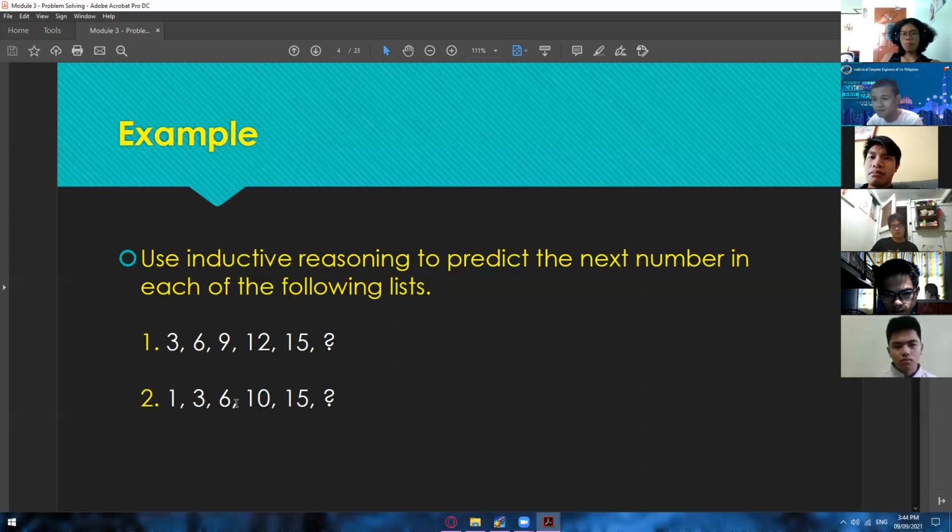Because if, let's say, in the middle the pattern changes, like 6 plus 10 is 11, then your assumption is incorrect, which will ruin your prediction. But here, everything is smooth from the start to the end, so you can apply inductive reasoning.